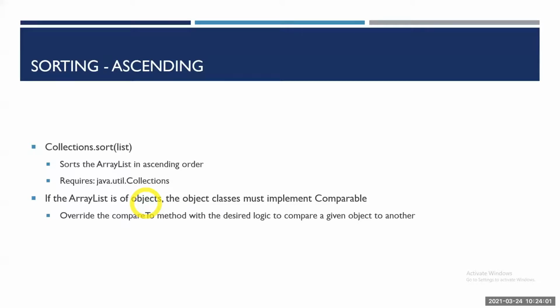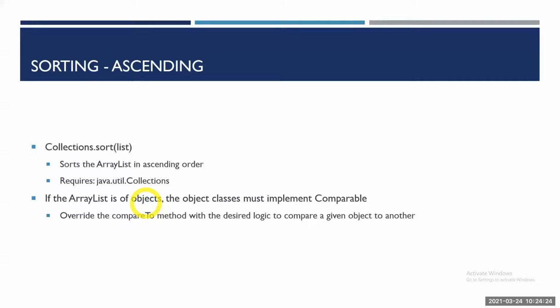With objects, however, it's going to compare them to the pointers, right? And if those pointers don't compare, I don't know exactly what it's going to do, right? It's not going to do what you think it should do. It's not going to sort it in ascending order.